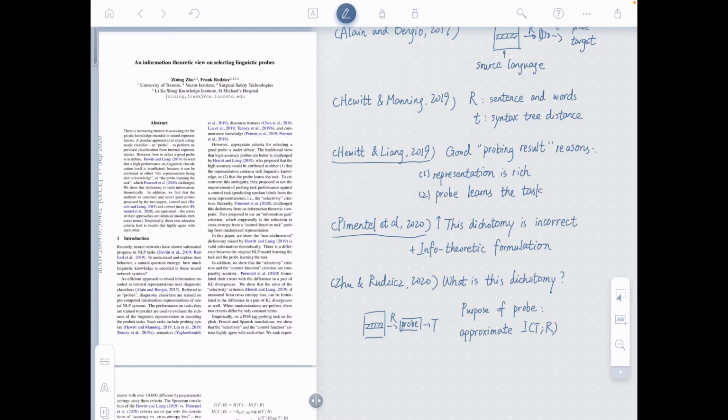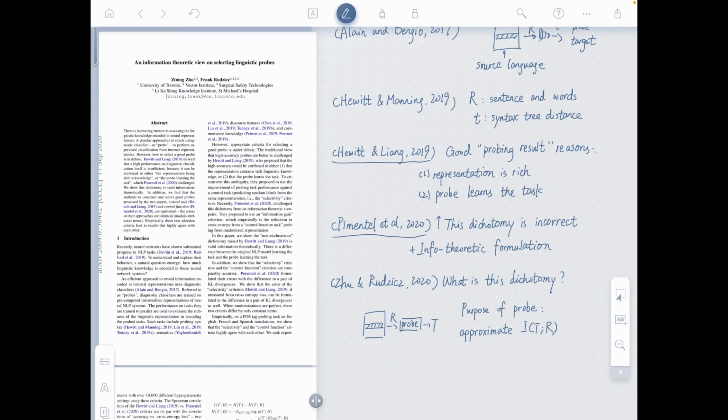Later, Pimentel et al. in ACL 2020 argued that this dichotomy is incorrect, and they argued this in their information theoretic formulation. In contrast to Hewitt and Liang's control mechanism, they proposed another controlling mechanism, which is the control function. In the control function, Pimentel et al. randomized the input representations to the probes.